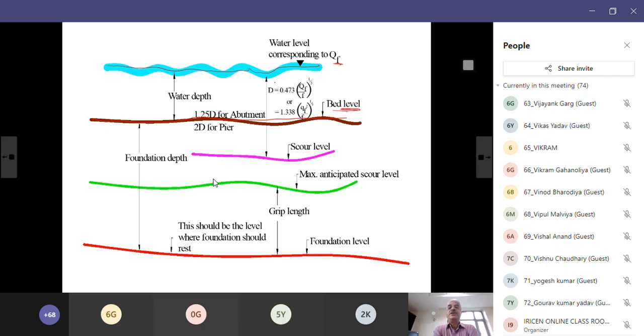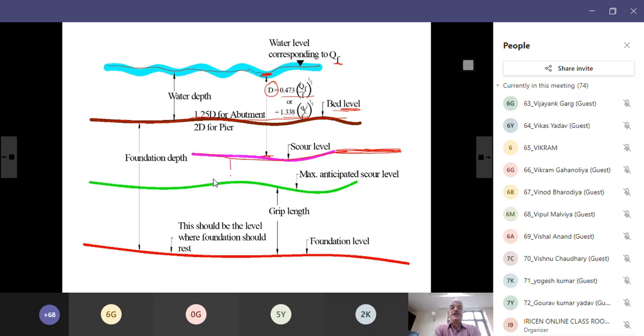First you will calculate the value of D, maybe by Lacey's formula or by actual observation or whatever method, and this will be your scoured level. This D, as I told you on the first day itself, in this formula, this D is measured from the water level. Actual observation will be with respect to bed level, then you have to add the depth and all. So D, whatever method is applicable, you calculate, you will reach this level. This is your scour level based on calculated scour.